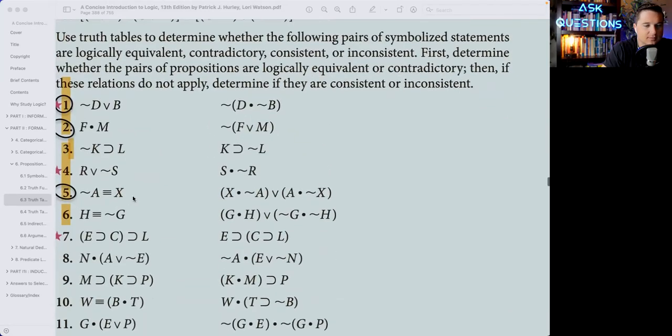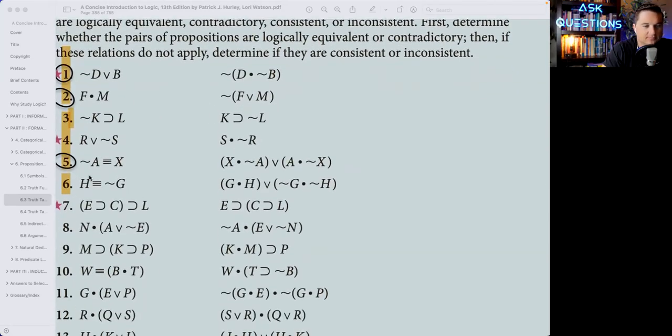Okay. Let's do this bad boy. Let's do it right here. So this is the first statement, this is the second one. So we have not A, triple bar X, and I'm going to do it the shorter way again, so we can practice.